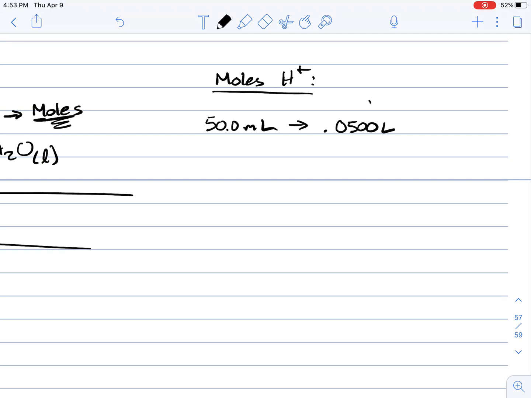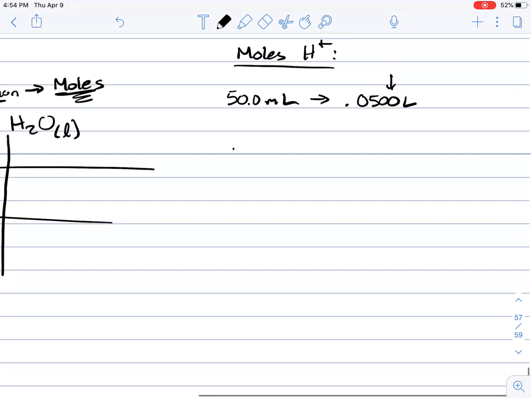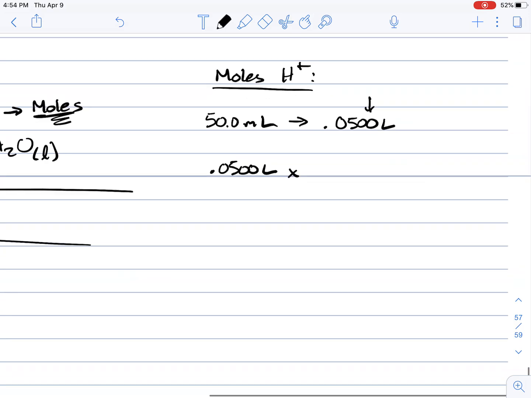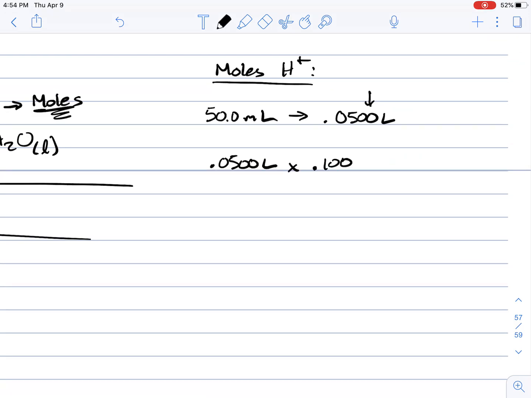And you don't want to drop these zeros because they're significant figures, and we need to make sure our sigfig count is consistent all the way through. Then we're going to multiply the 0.0500 liters by the concentration, which is 0.100 moles for every 1 liter. And that's the definition of molarity.